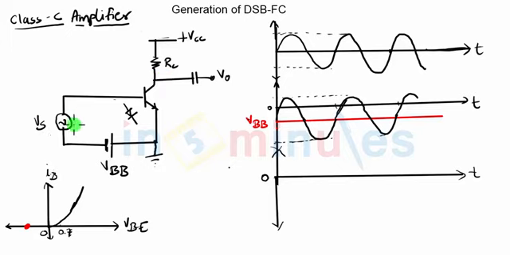When we apply sinusoidal signal on the base, which already had the negative DC supply, let's see what will be the resulting base voltage. So the first waveform that we have taken here is nothing but my sinusoidal signal. Let me call it Vs, and let's say the negative supply is VBB, which is represented using a red line here. So if I write the total base voltage, let's say VB or VBE, because emitter is already at ground, the total base voltage will be sum of sinusoidal signal and negative DC signal.